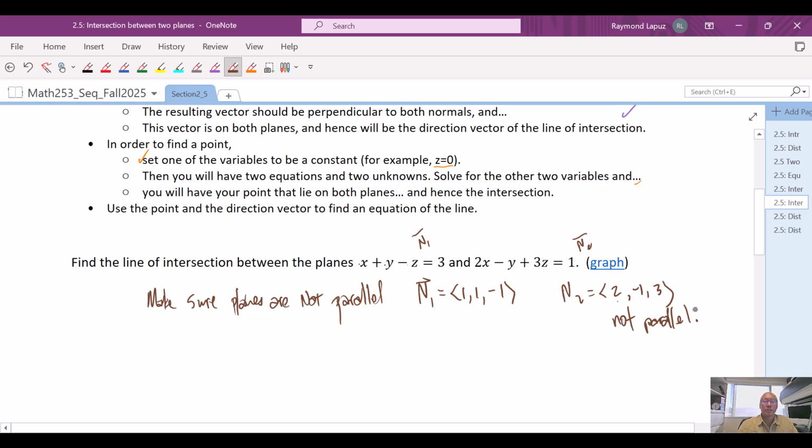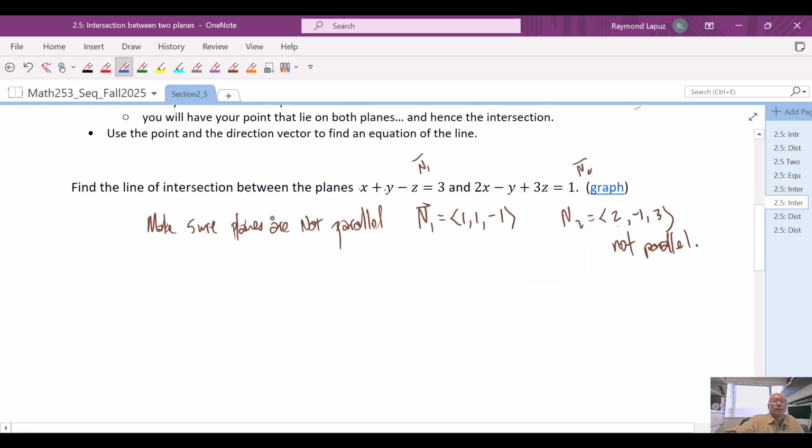So now that we know it's not parallel, let's go through the action of finding the direction and a point. So let's first find the direction of the line.